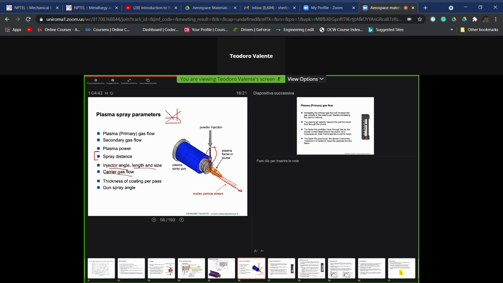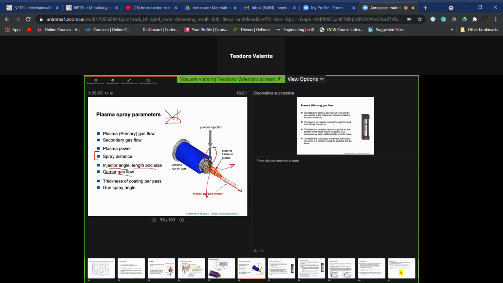That's a parameter which must be adjusted in order to minimize the number of particles which go down here and the number of particles which are shielded by the plume, so do not enter the plume and represent dust that will not contribute to the coating formation.